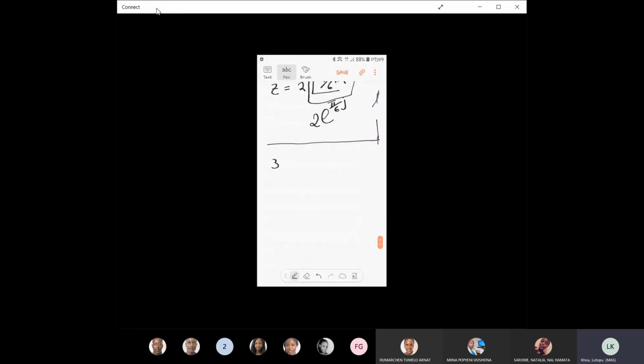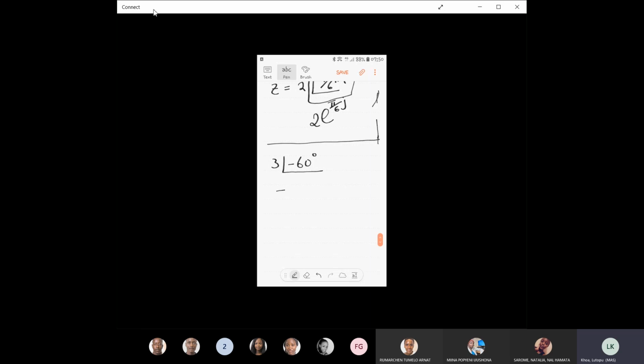I have 3 and then minus 60 degrees. Okay, so here again, I want to first convert my angle, minus 60 degrees, into radians, because otherwise when I rewrite it in exponential form, it doesn't have a meaning.